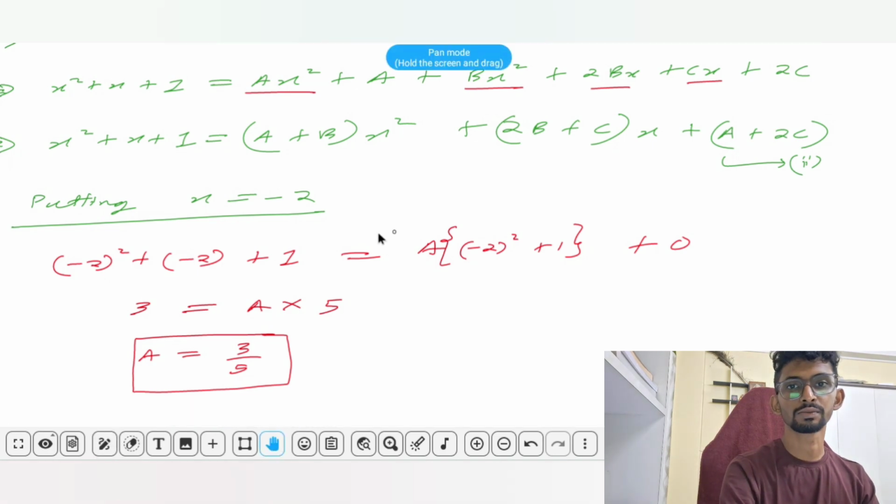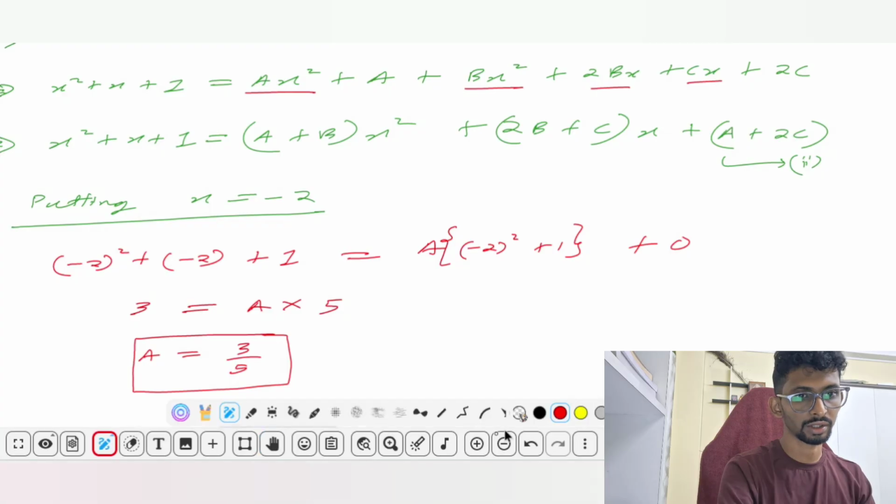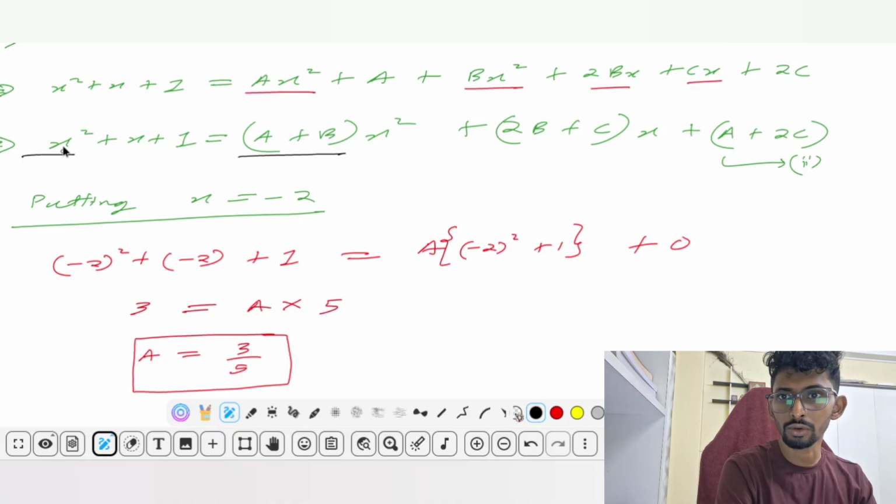Okay, so next we will find the value of b and c. So for that, what we will do, we will equate the coefficient of x square. So if we equate the coefficient of x square, a plus b will be equal to 1, because in LHS the coefficient of x square is 1 and in RHS the coefficient of x square is a plus b.